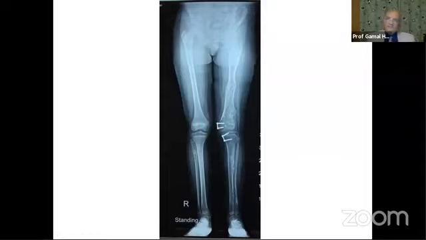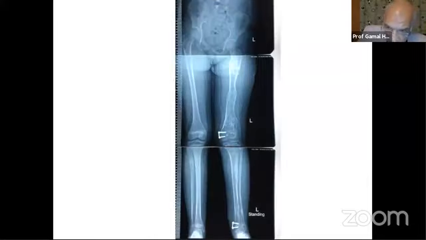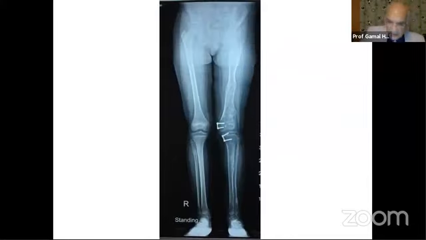The problem here, and you have to tell the patients that the results of guided growth or temporary epiphysiodesis is quite unpredictable. It's not like the idiopathic genu varum or genu valgum. And I will show you in such a case, in the same patient, it worked out in some physis and it didn't work out in the ankle.